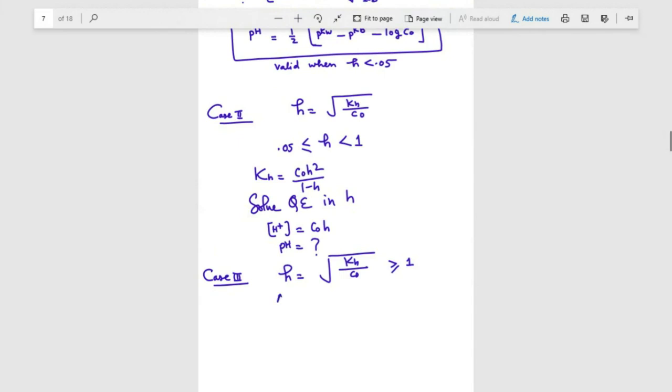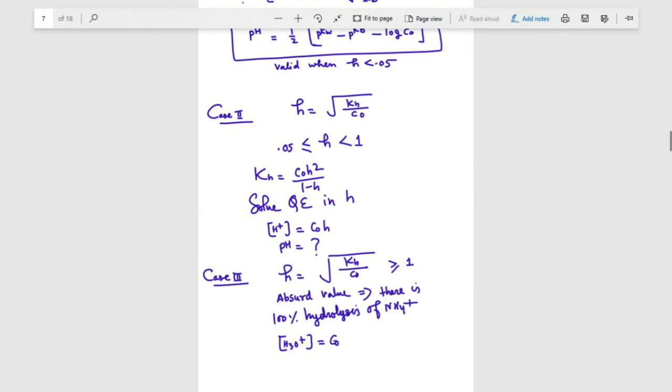So absurd value implies that there is 100% hydrolysis of NH4 plus ion. So we can write that the concentration of H3O plus ion is equal to C naught. And then you can compare.